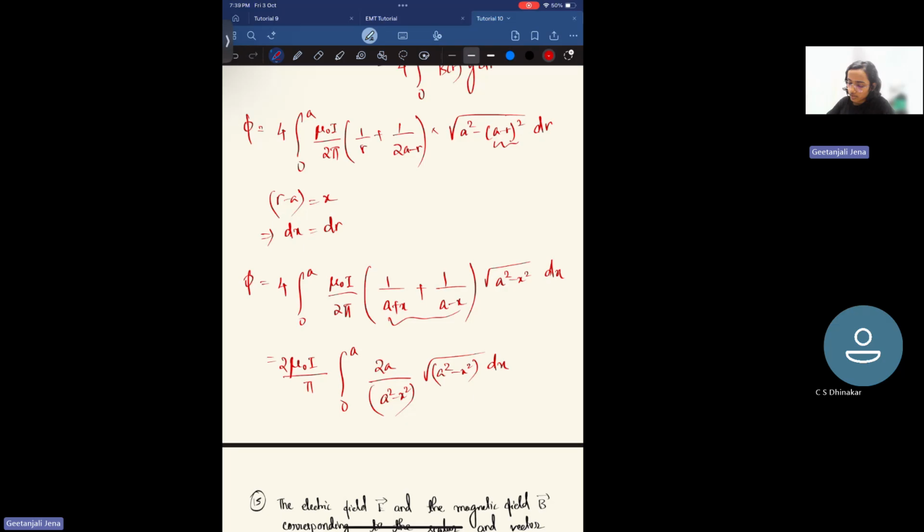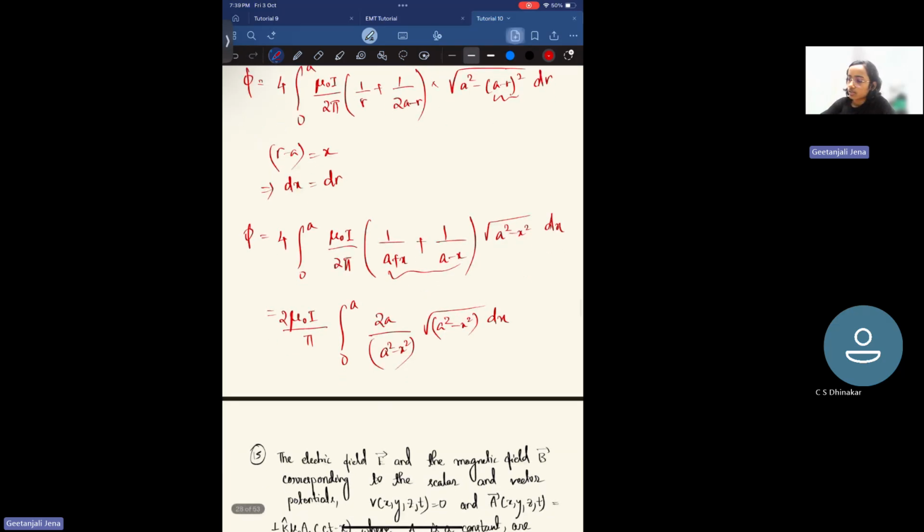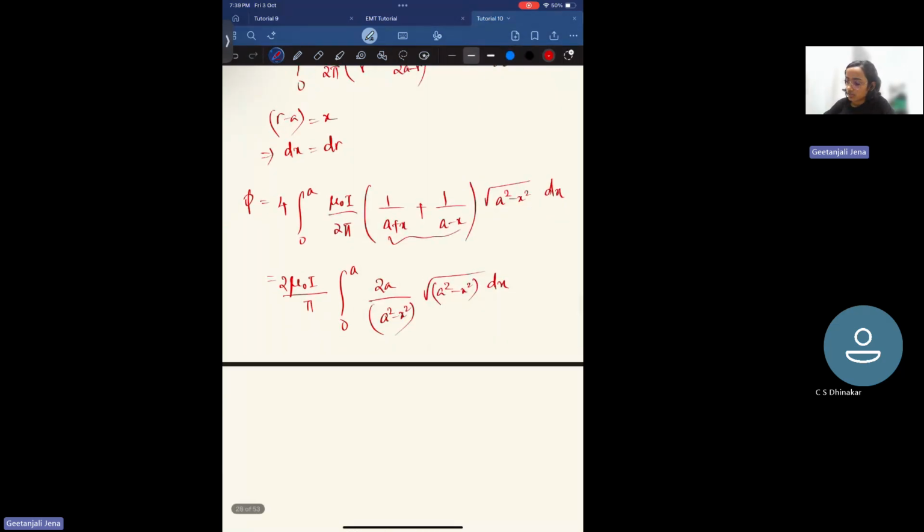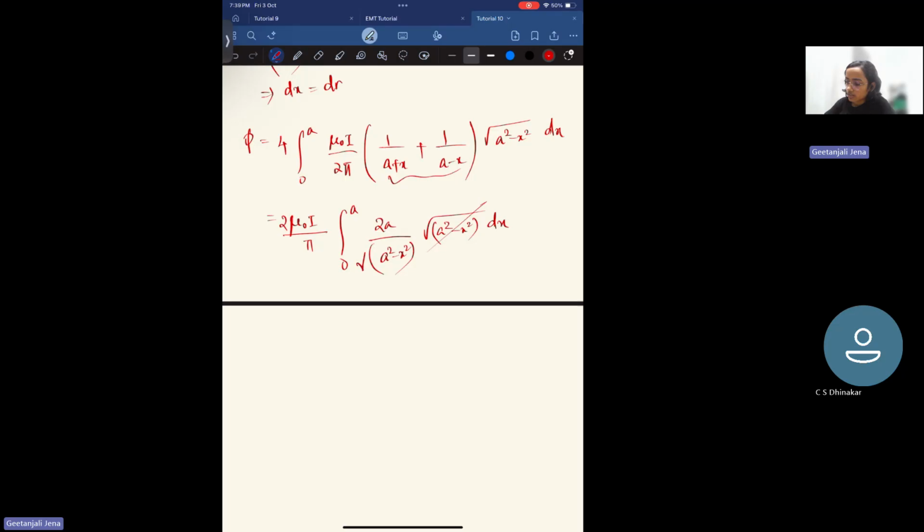So we are making this substitution so that we can find out the limit of integration. So this will cancel, this will give a square root. So we have 4 μ0 I by π, integral from 0 to a, of 1 by the square root of a square minus x square dx.